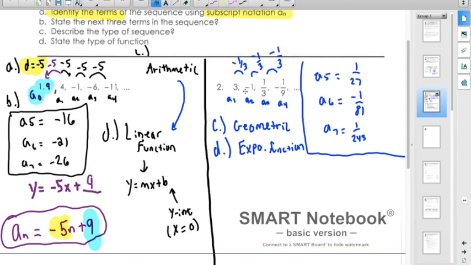And let's recall, what does an exponential function look like? Well, it looks like y equals a times b to the x, right? Where a is your initial, your start, and then b is your rate or your common ratio.